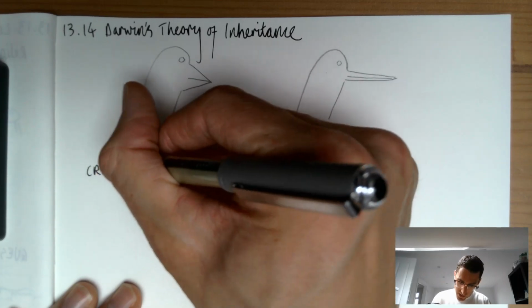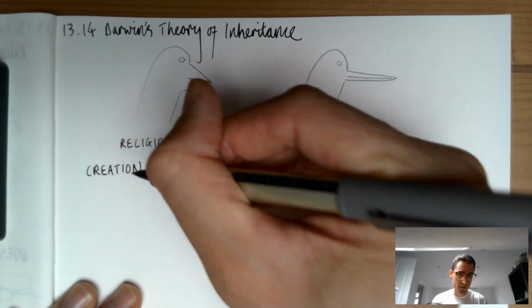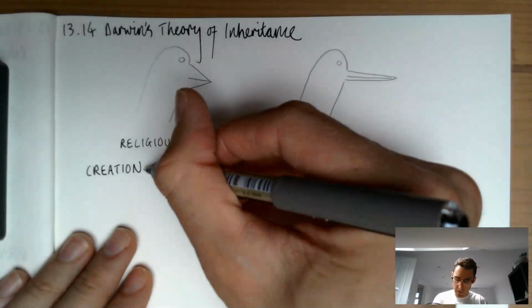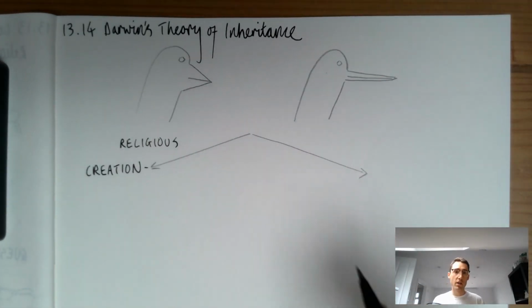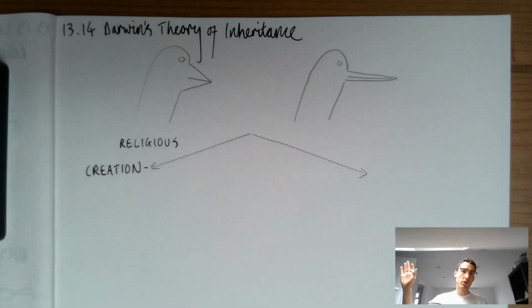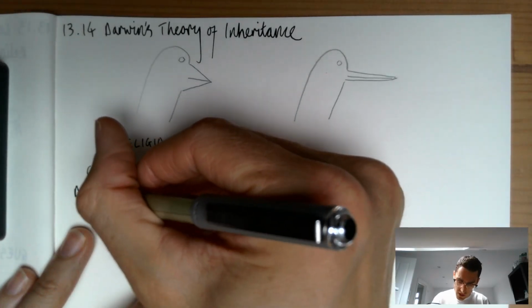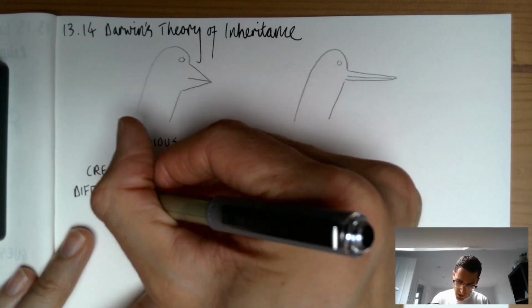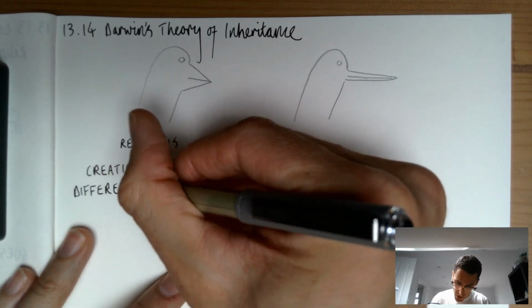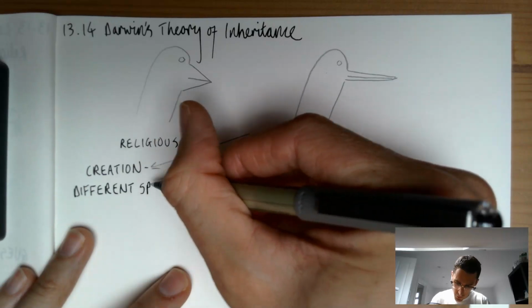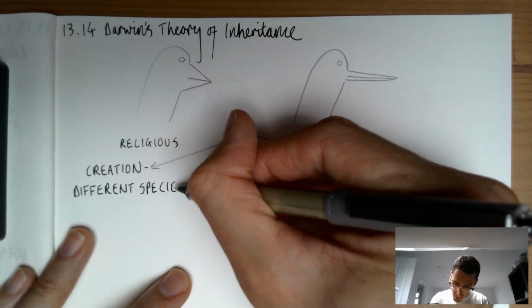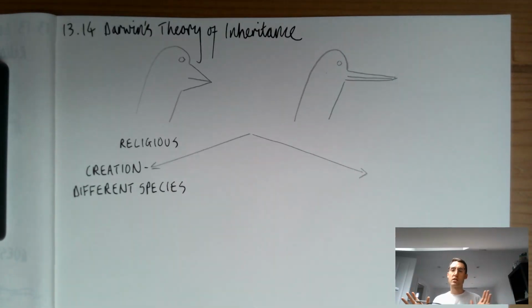The reason these two are different is that they were created different, whenever that was, 4,004 years ago or however many years ago it was, and therefore they are different species that have been different since time began. So different species. And this is how a lot of people thought at Darwin's time, that the reason they're different is because they're different species and therefore that's just how they are. That's all there is to it.